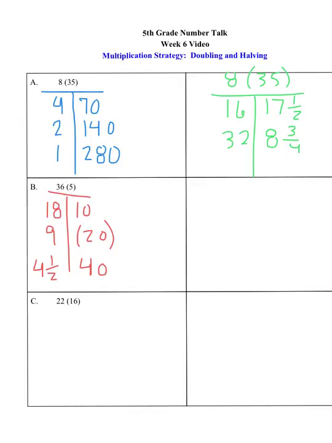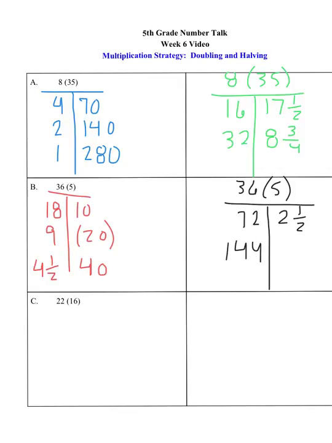Now, we could have also done it this way, whereas we're saying the 36 fives, we could say we're going to double 36, which is 72. Half of 5 is 2.5. We could double 72, which is 144.